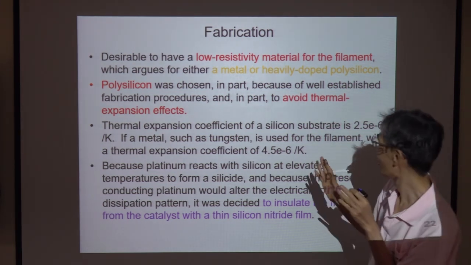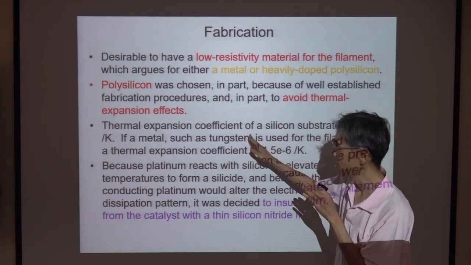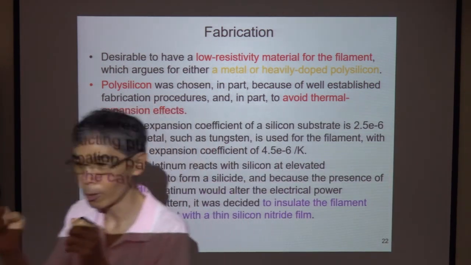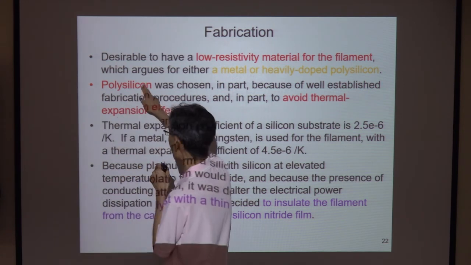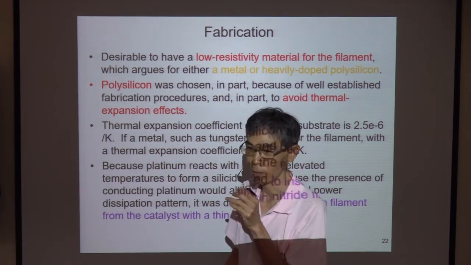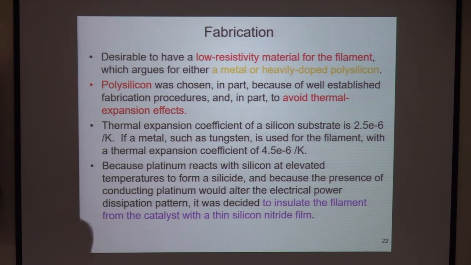We select polysilicon because it has a low coefficient of thermal expansion. Then it won't expand too much if the temperature is high. So that's why we select polysilicon. The other thing is that for the CMOS process, polysilicon is very common. Then it's very cheap to produce polysilicon in the CMOS technology.